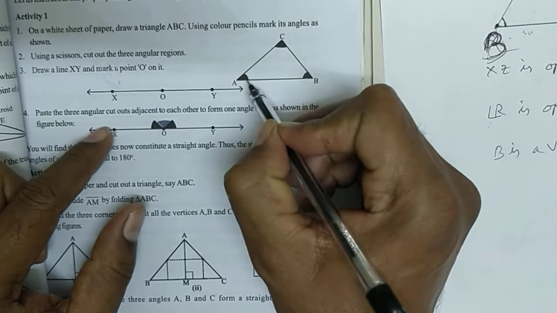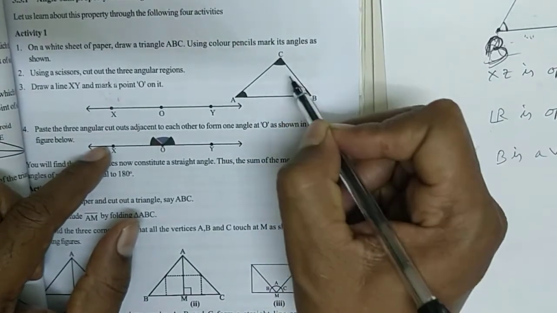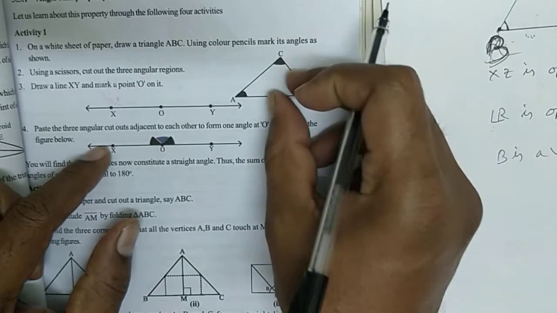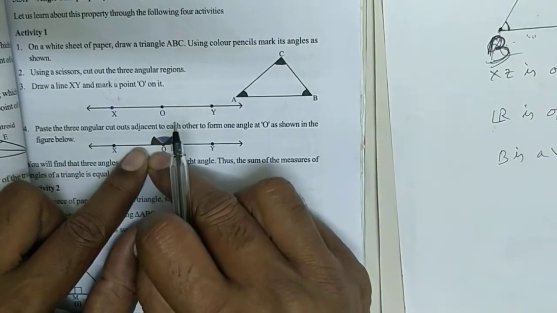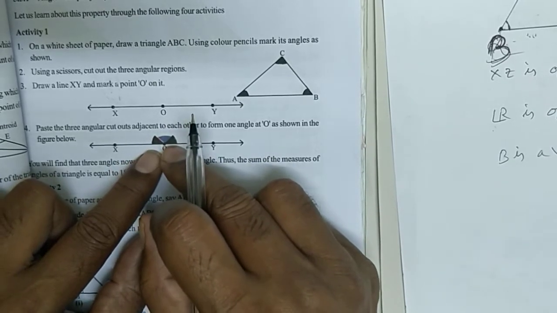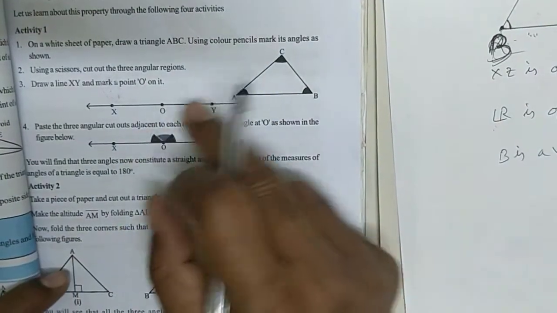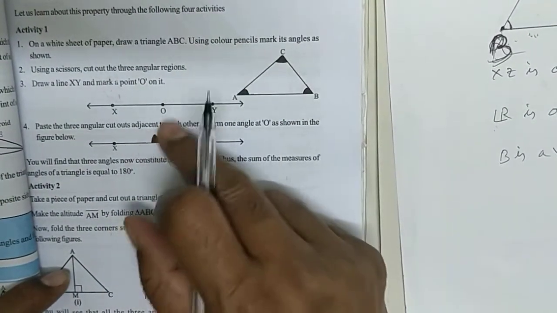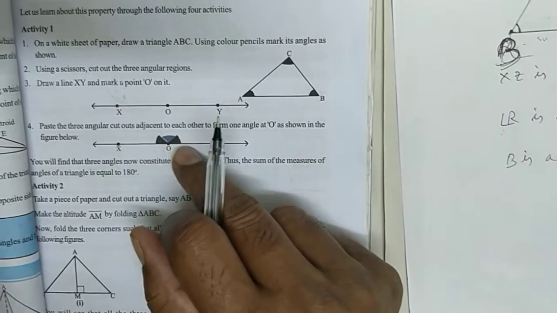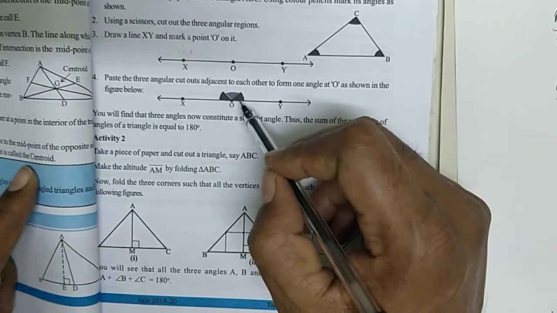Exactly at the dark places, he cut these three pieces and arranged them like this at the center O. Exactly they fit, and this means that the sum of the three angles is 180 degrees. It is just a proof. They will call it an activity in physics, yes or no? Like this, it is one activity.